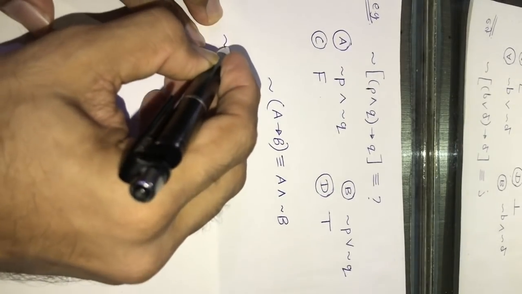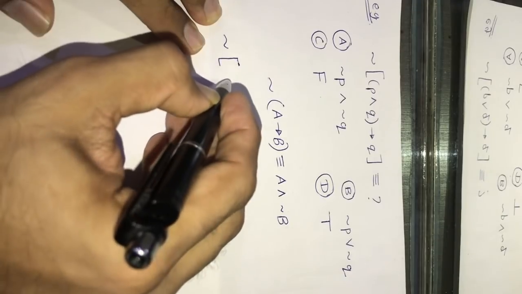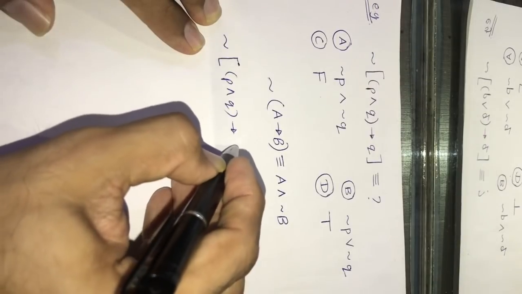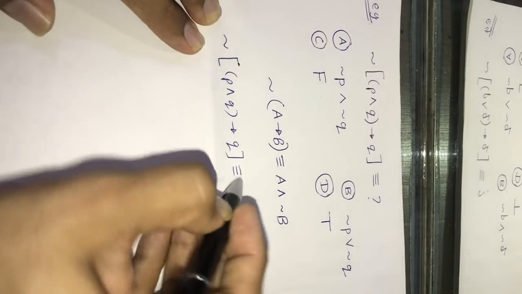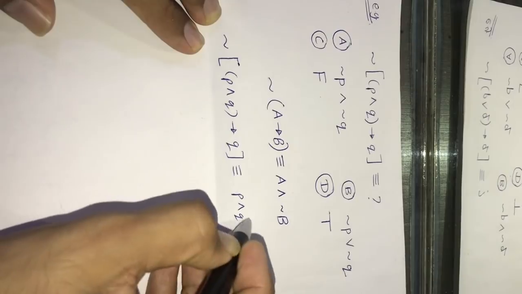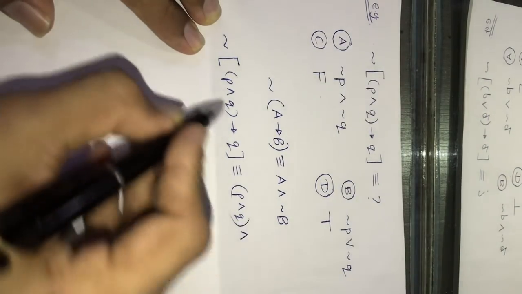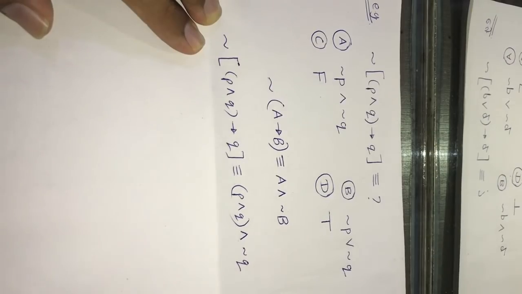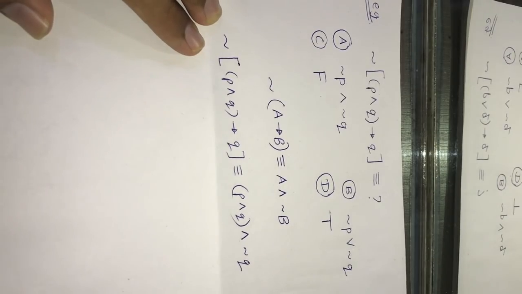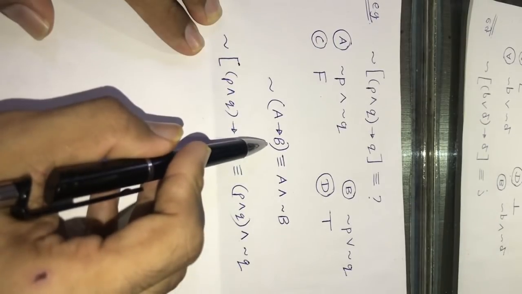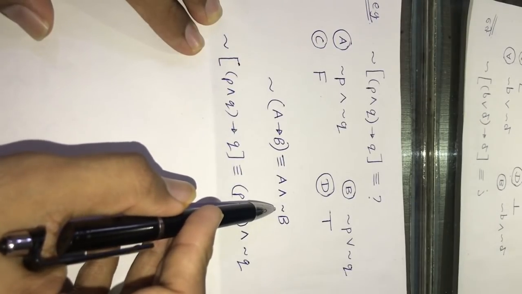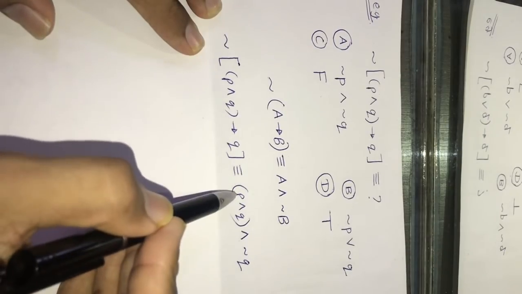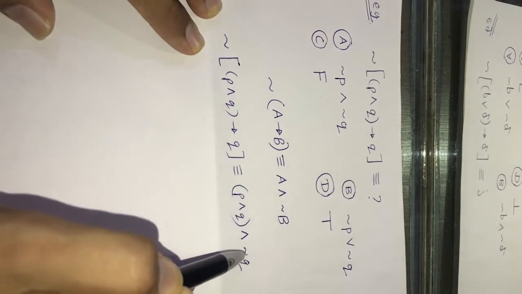So if anybody asks me what is negation of P and Q implies Q, it comes out as P and Q and negation Q. Okay, so negation of A implies B is A and negation B. So negation of P and Q implies Q is P and Q and negation Q.